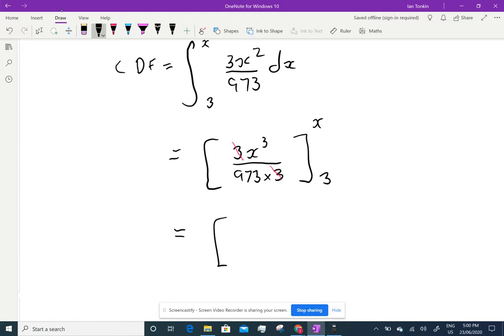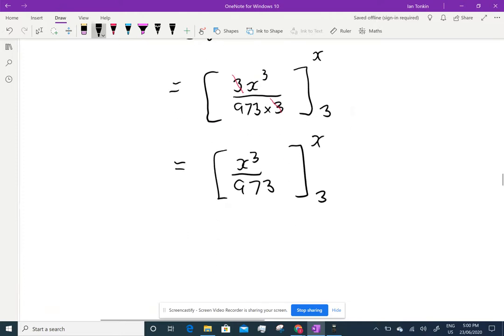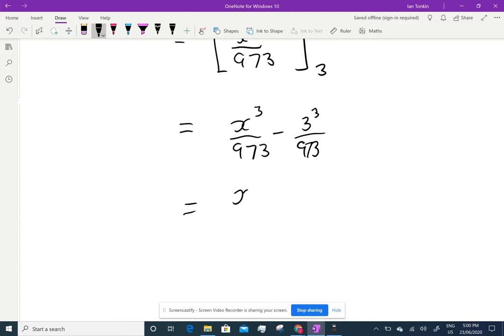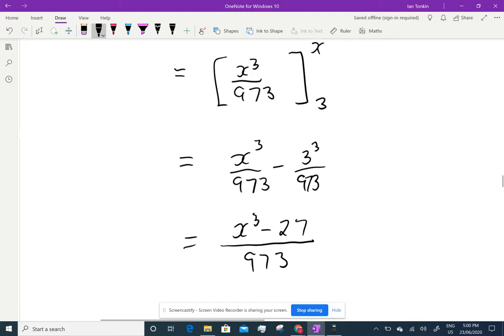And I get x cubed on 973 between x and 3. I substitute those values in: x cubed on 973 minus 3 cubed on 973, which gives me x cubed minus 27 on 973. So that is my CDF.